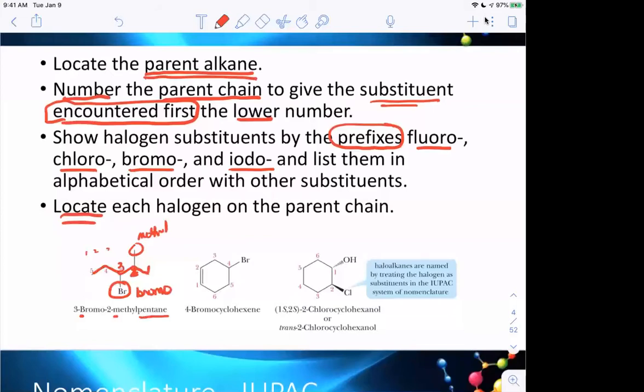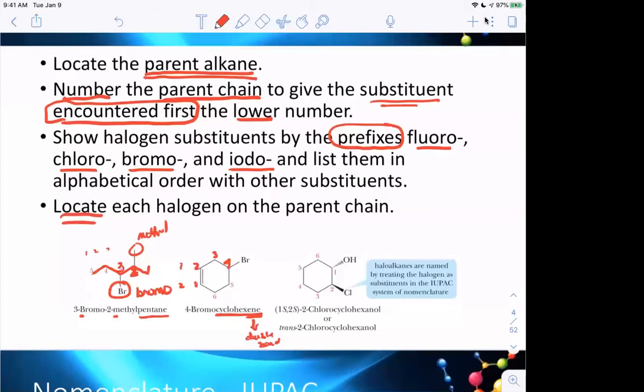Notice in this example, I have a cyclohexene derivative. So I have my double bond. Remember, by default, the first 2 carbons in my cyclic alkene are numbers 1 and 2, but I can go either clockwise or counterclockwise with the naming. If I go in the direction that's indicated, my bromine ends up on carbon number 4.